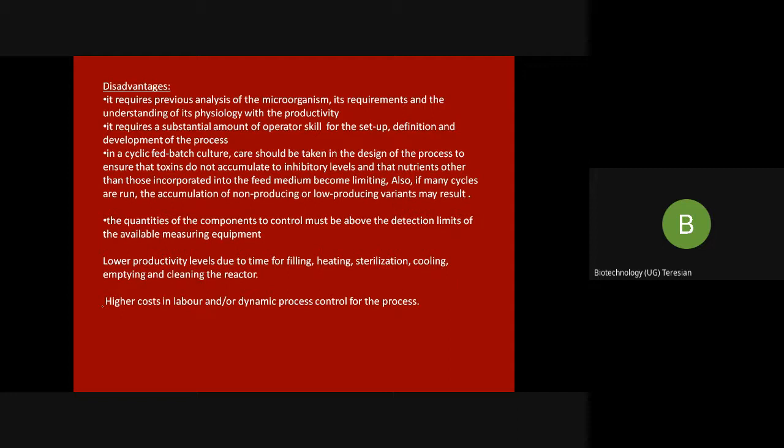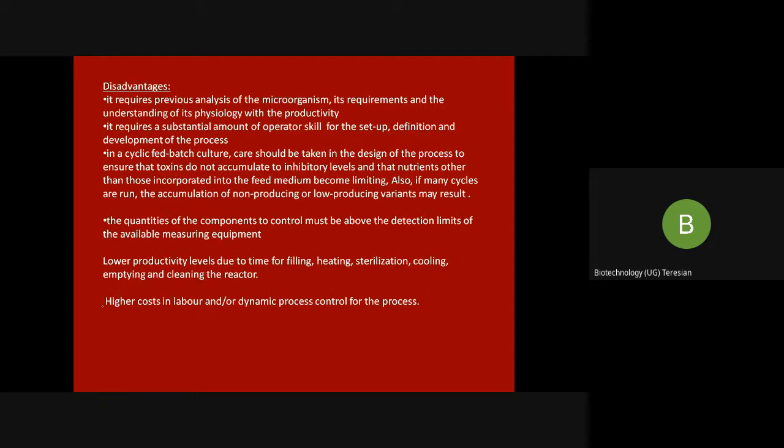In a cyclic fed batch culture, care should be taken in the design of the process to ensure that the toxins do not accumulate to the inhibitory level and the nutrients other than those incorporated in the feed media do not become limiting. Also, if many cycles are run, accumulation of non-producing or low-producing variants may result.